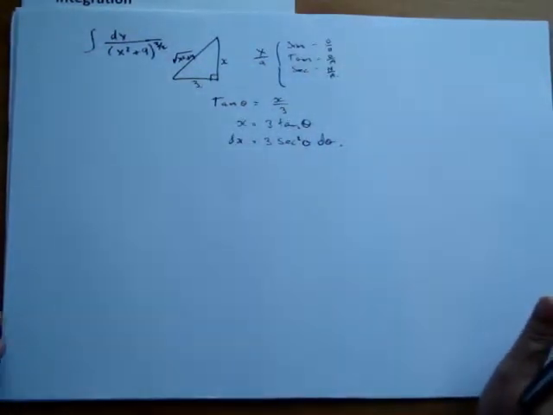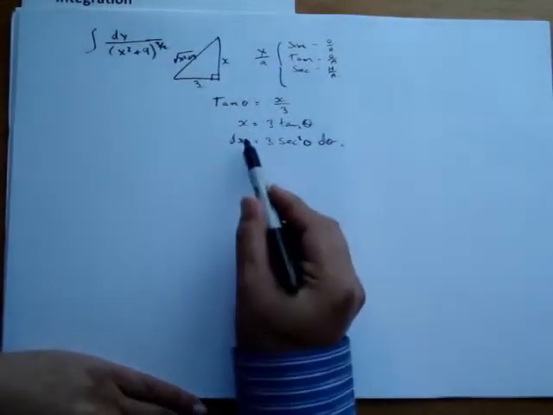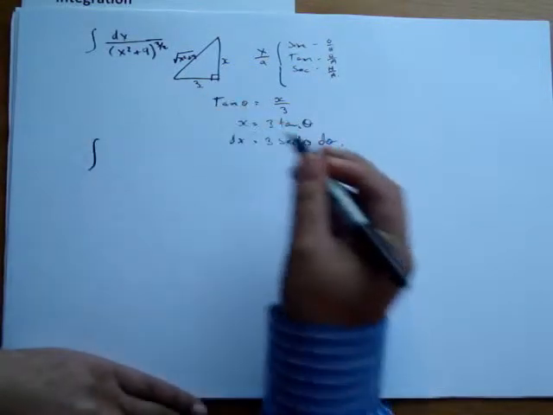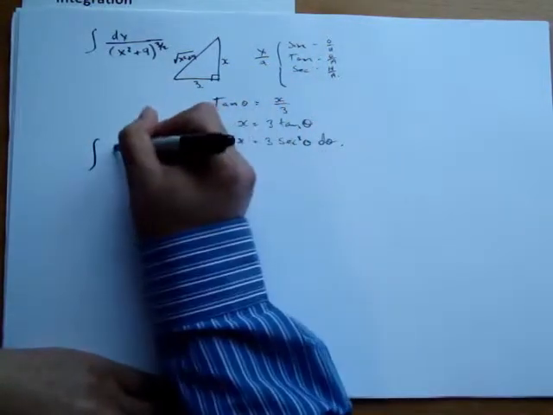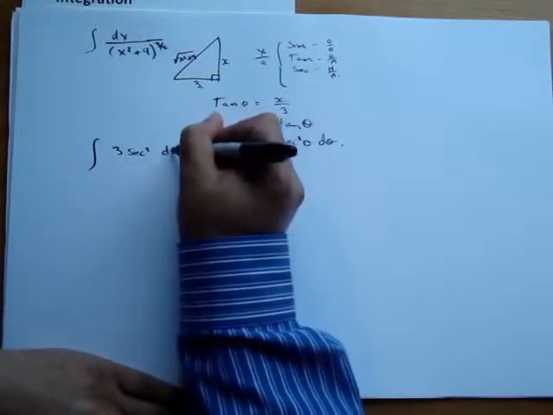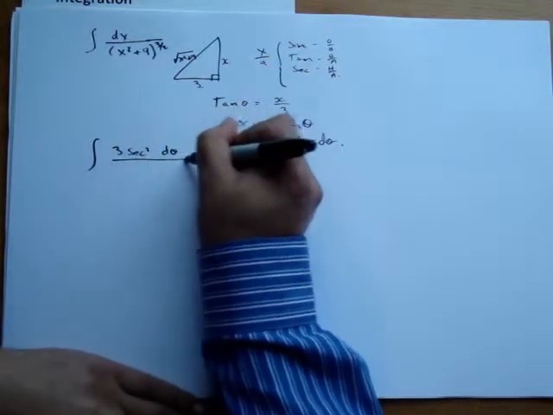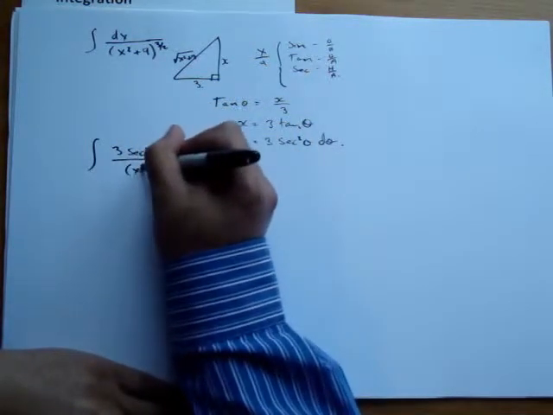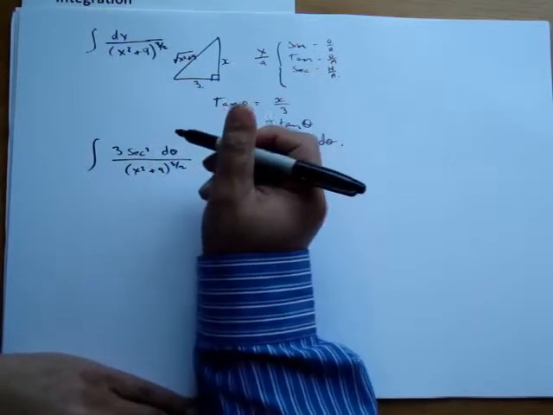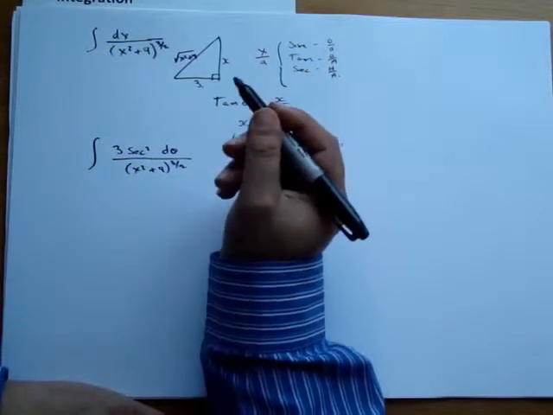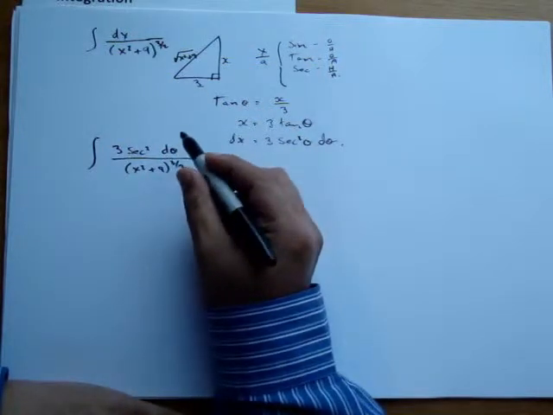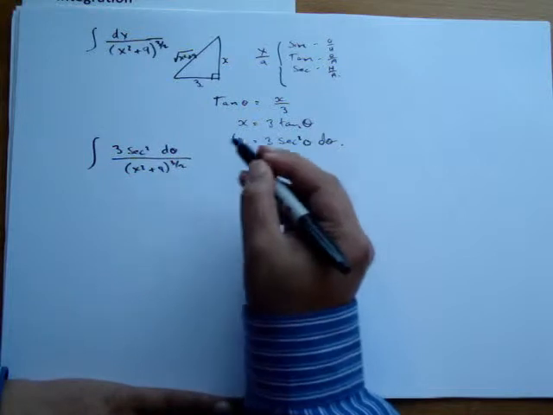So now let's do our substitution. The dx goes over here on the top as 3 sec squared theta d theta, all over x squared plus 9 to the power 3 over 2. Let's have a look at the x squared plus 9.